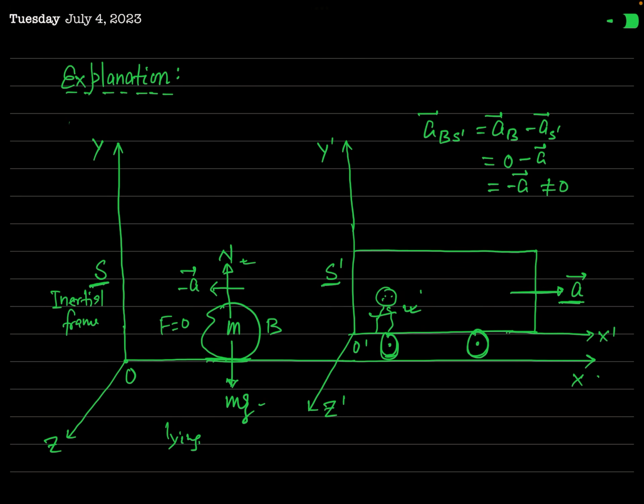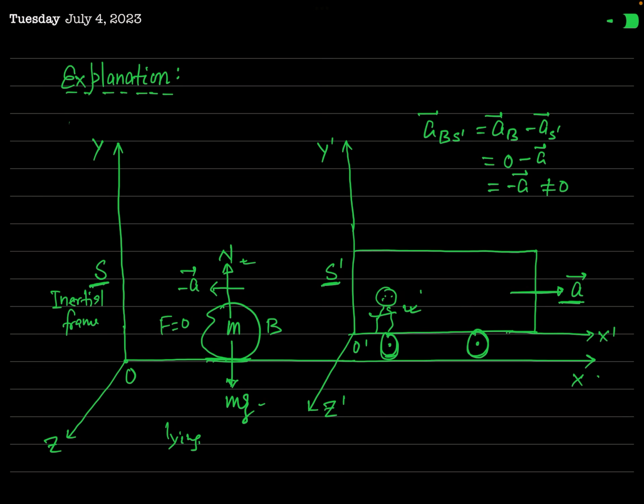So you can see that although the body is force free, meaning no net force is acting on body B, in spite of that, acceleration of the body is not 0 with respect to S dash.